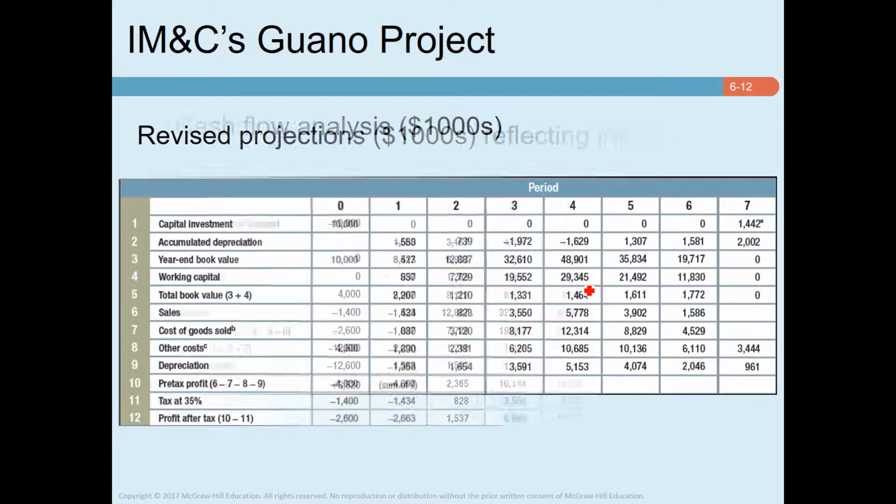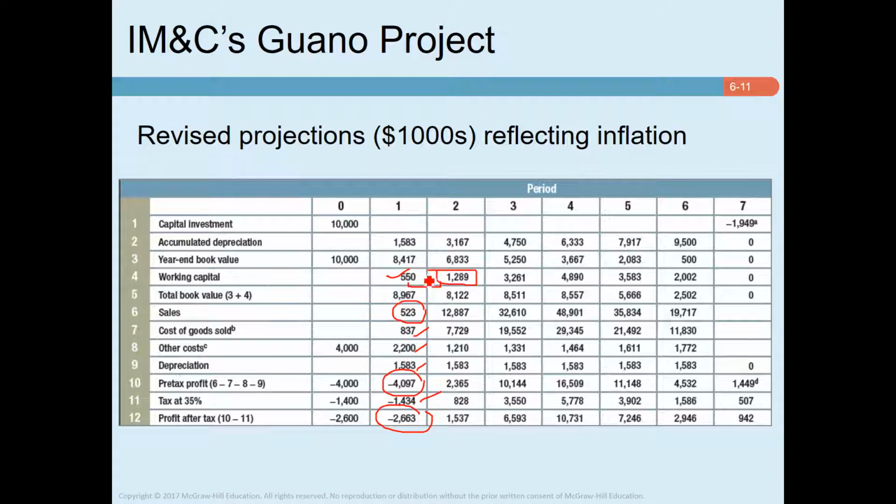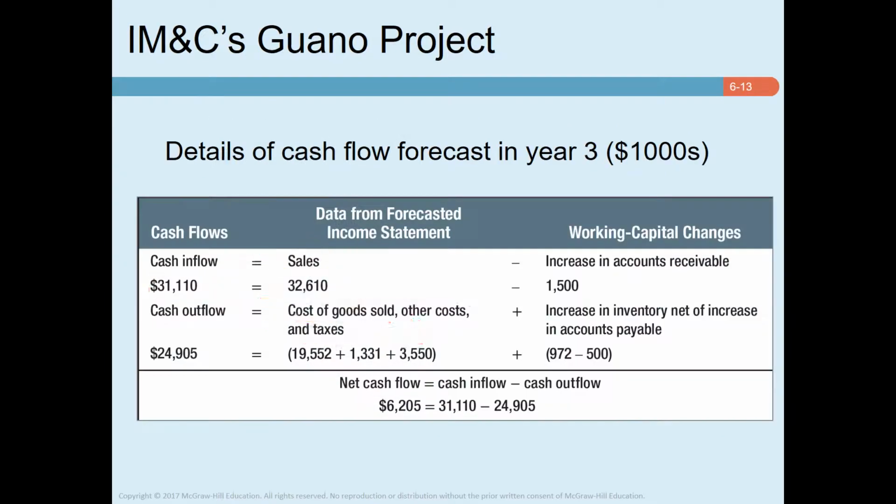You can remember we were given that a working capital is 550 and in year 2 it's 1,289. So in some problems you may not be given this total working capital, rather you may be given the different components of working capital, for example, accounts receivable, inventories, and accounts payable.